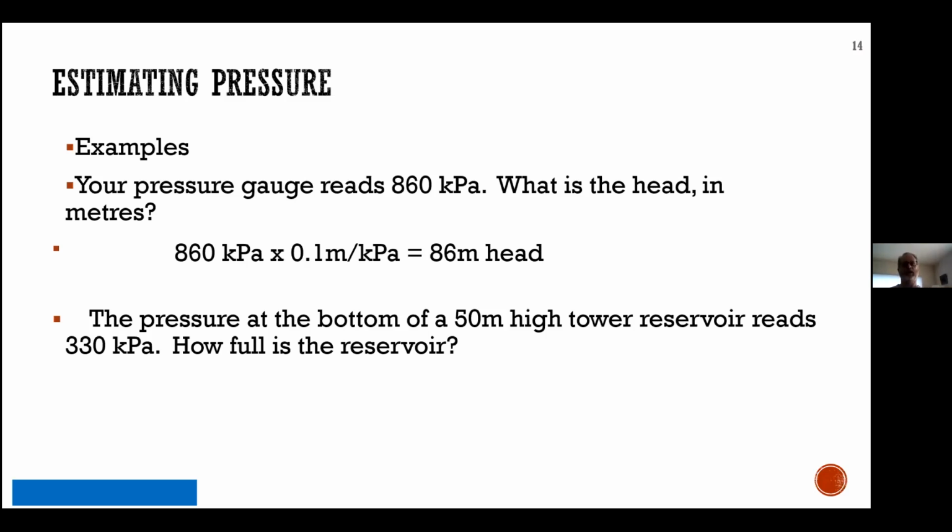Right? The pressure at the bottom of a 50-meter high tower is 330 kPa. How full is the reservoir? Well, we know again, times 0.1, the reservoir is 33 meters full. So, okay, it's not overflowing because it's a 50-meter high tower, but it's always the same relationship, right? kPa to meters of head is times 0.1.